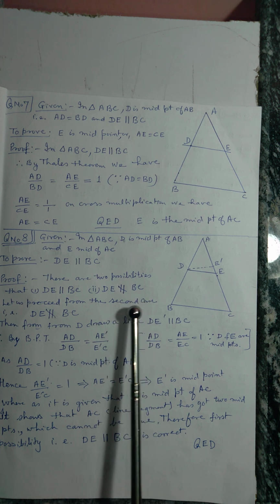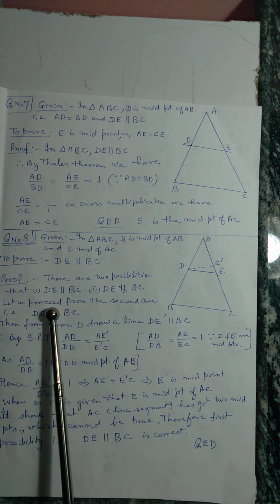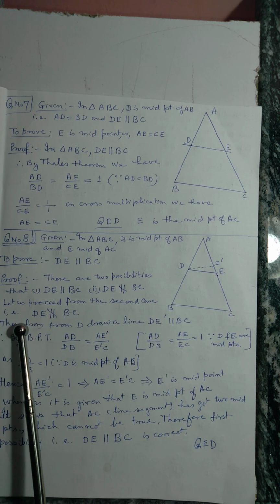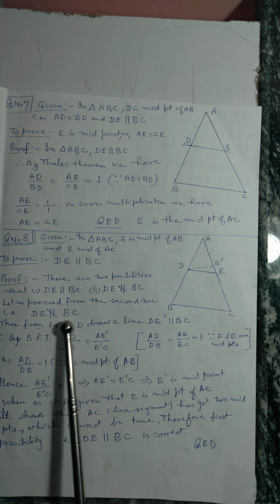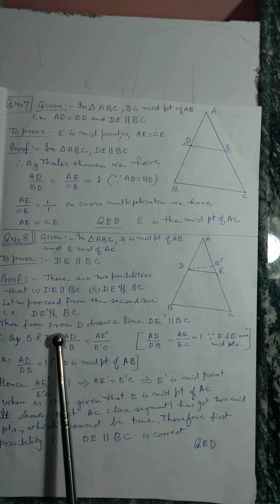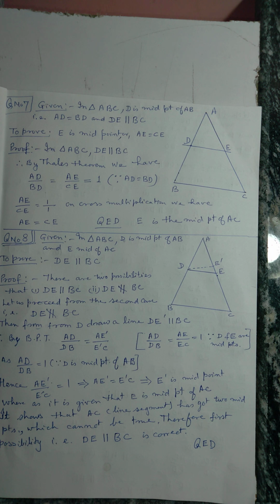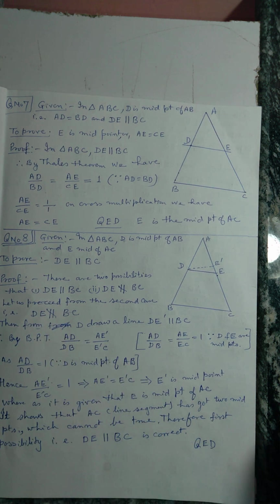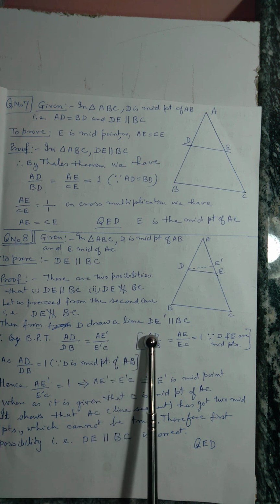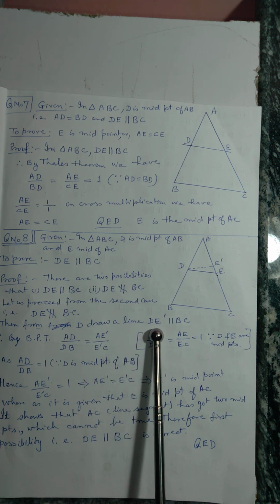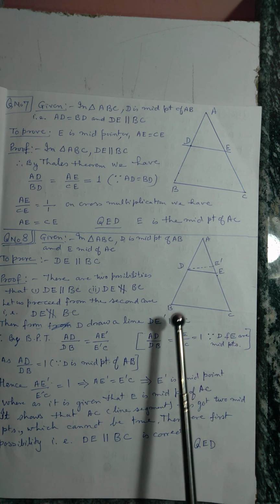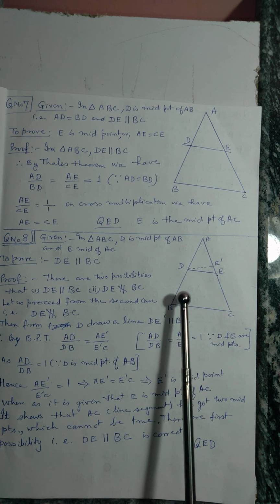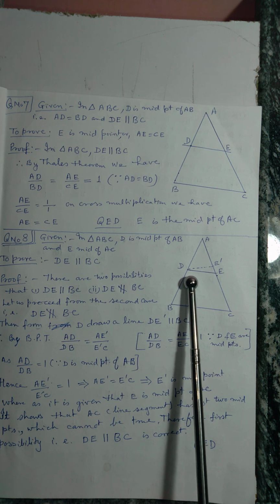At that time, what will happen? Let us proceed from the second case, that DE is not parallel to BC. Then from point D, draw a line DE dash parallel to BC, because we have assumed that DE is not parallel.